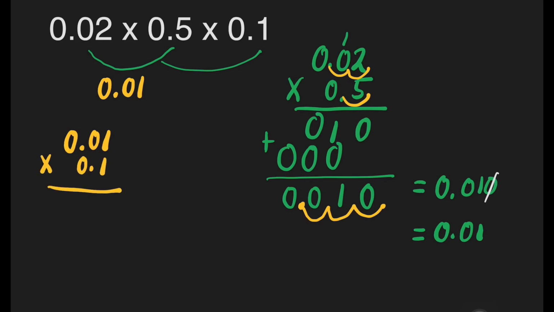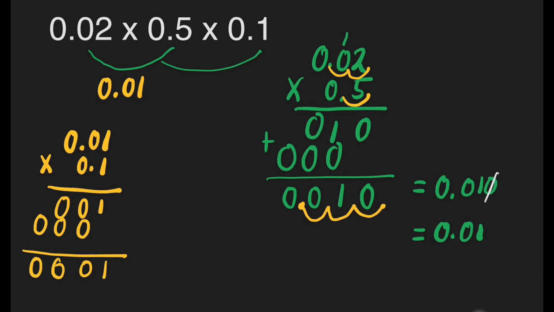Okay, 1 times 1 is 1, 1 times 0 is 0, 1 times 0 is 0, 0 times 1 is 0, 0 times 0 is 0, 0 times 0 is 0. So that's 1, 0, 0, and 0.